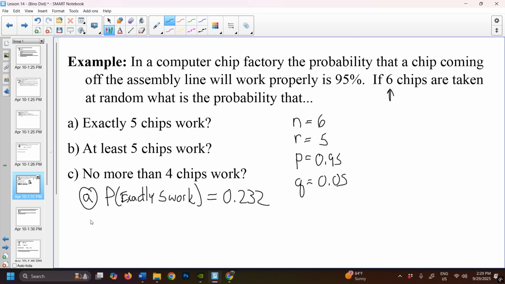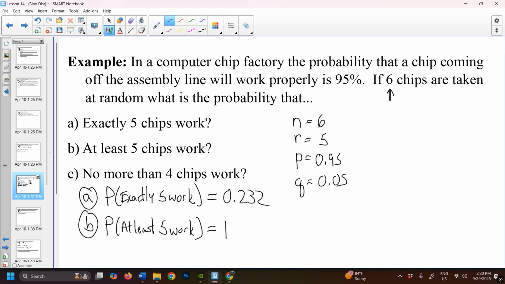All right. Now for B, at least 5 chips work. Implies, so 4 chips is not at least 5 chips, but 5 chips is at least 5 chips, and 6 is at least 5 chips. So the probability that at least 5 work, all right, so it could be either 5 chips or 6 chips.